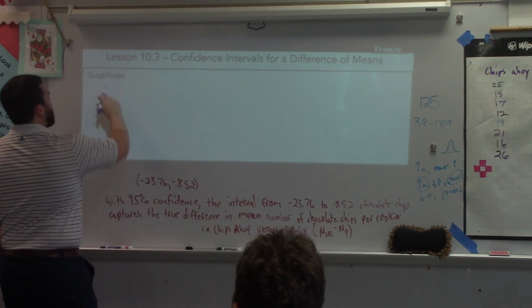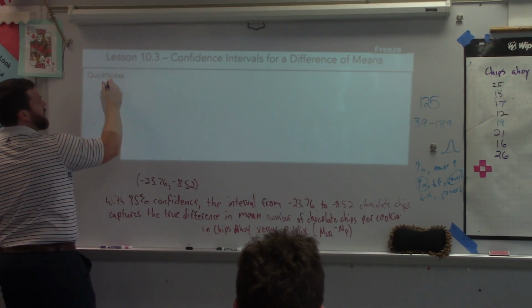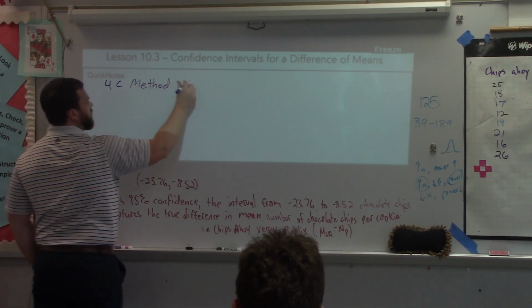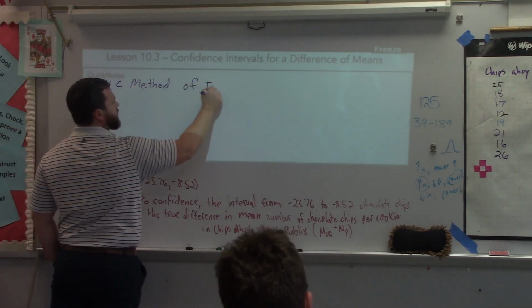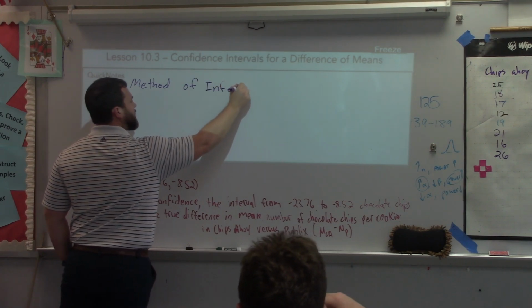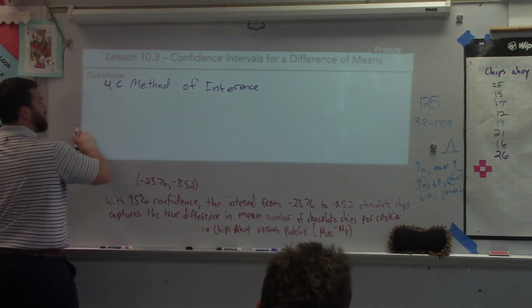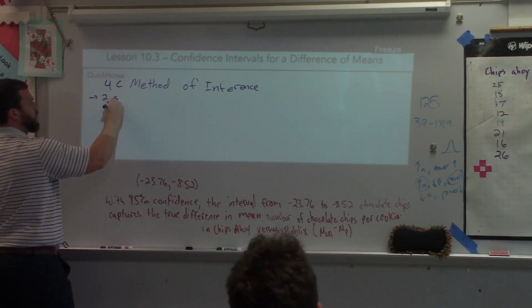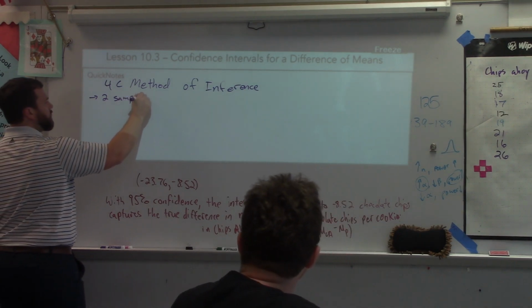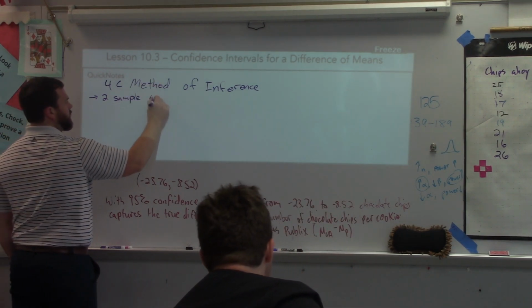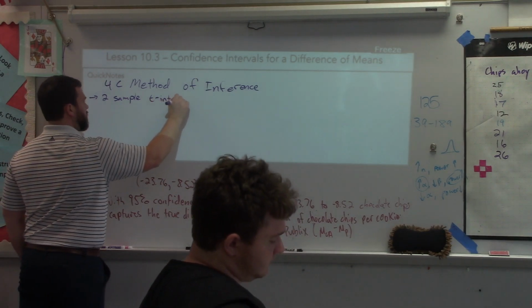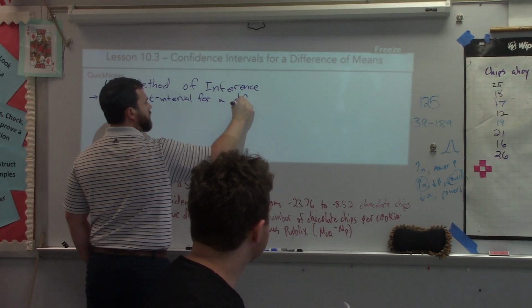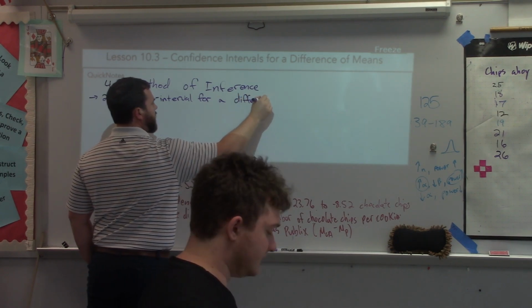Okay, so if I'm doing a confidence interval for a difference of means, I need the 4C method of inference. One thing I did just realize is, again, make sure you go through the choose procedure. So this is a 2 sample, what kind of interval? T interval for a difference of means, okay?